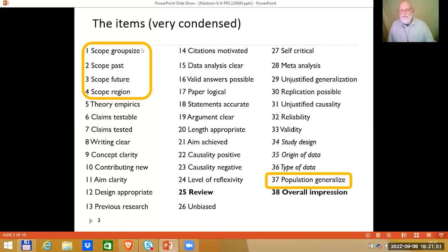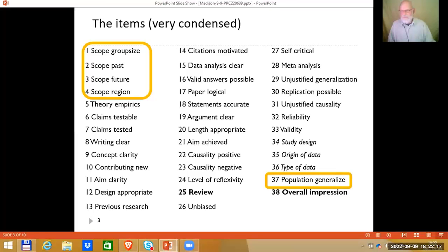It will be a sample of people, but it could be a sample of whatever units of analysis, of course. Then we have how the scope into the past time, and the scope into the future of time, geographical scope, and here is the population to which the study can be believed to generalize.